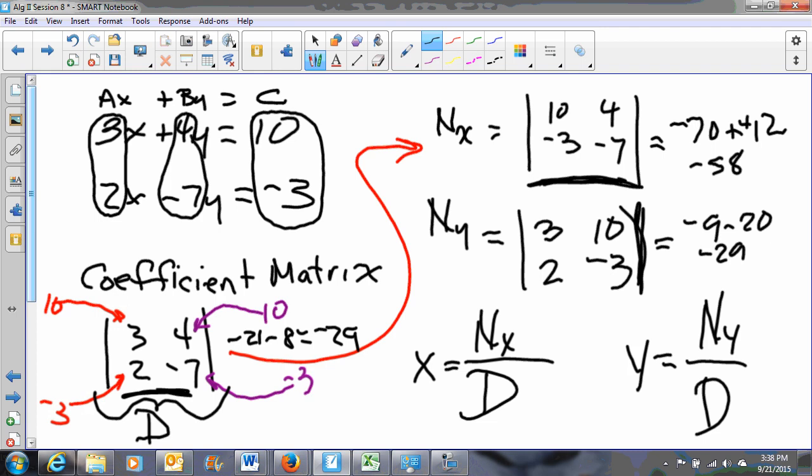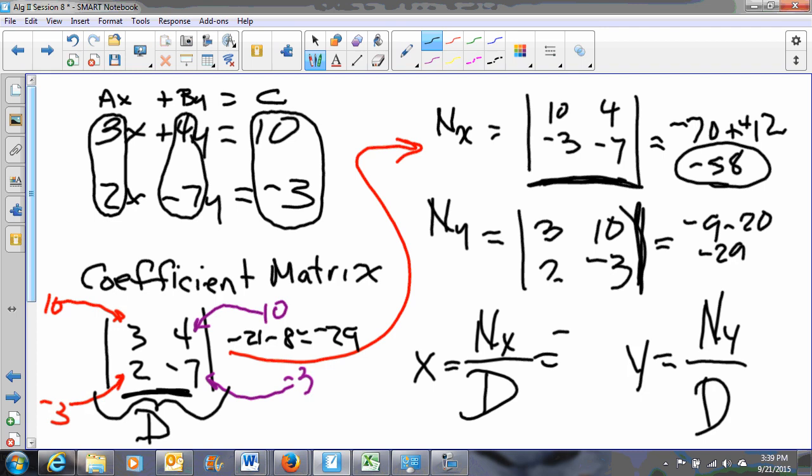Now, Cramer's rule says then that x is going to be n sub x, over big D. Excuse me, that's backwards. We found n sub x to be negative 58.